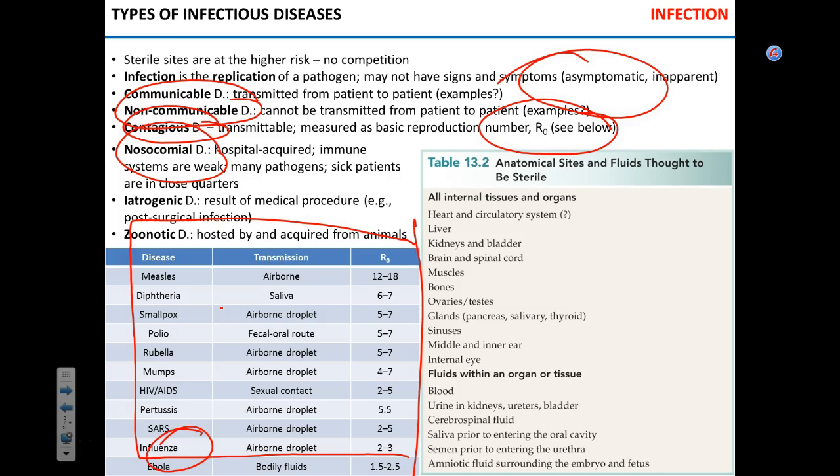But if I go around that room, chain you all to your chairs, and start to rub Ebola-infested blood into your mouth, you're all going to get infected. It's going to be 100%, right? Or I'm Ebola infected, I chain you and I spit in your mouth. You're all going to get infected, trust me.